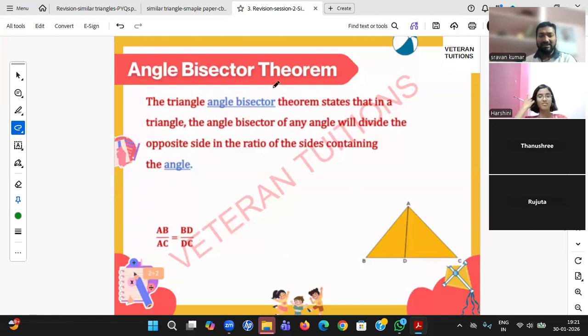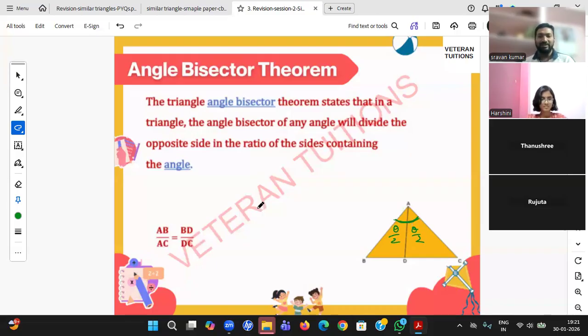Angle bisector theorem. This theorem is used in some of the questions in sample papers. What does it say? Angle bisector theorem states that the angle bisector of any angle, you see, there is a triangle. If this angle is bisected, what does that mean? If this total is theta, this is theta by 2, this is theta by 2. This line AD has bisected this angle.